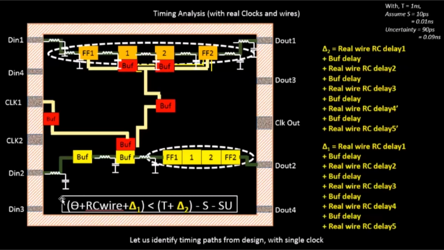So your defining equation will look something like this. You have your combinational delay plus your RC wire delays, which are now the real wire delays between flip-flop 1 to 1, 1 to 2, 2 to flip-flop 2, plus the remaining equations remain the same. Okay, so this is the final stage of the physical design flow.